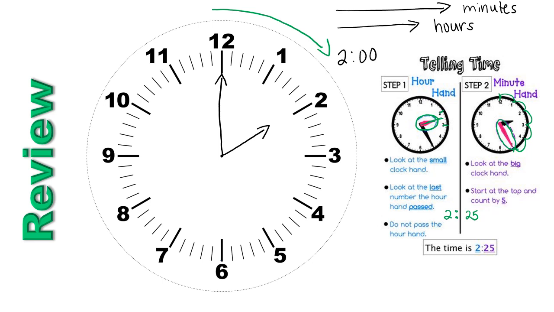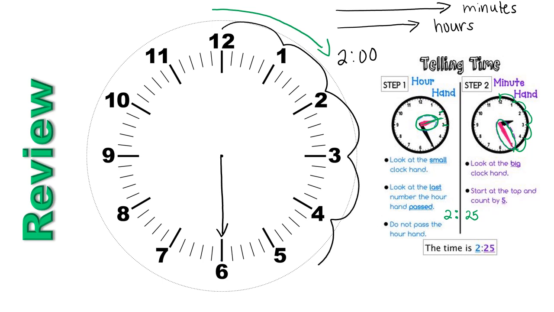Now something happens to the hour hand as the minute hand moves. So now let's say it is 2:30. My minute hand is going to point to the 6 because that's 5, 10, 15, 20, 25, 30. And then my hour hand, even if it's 2:30, is no longer going to point to the 2 like it did before.